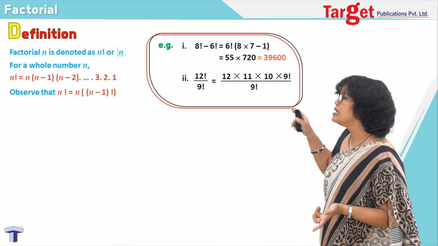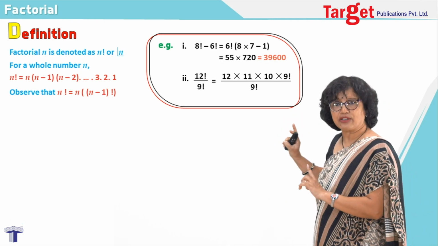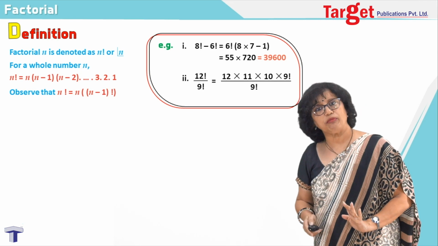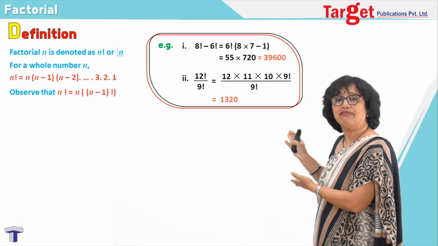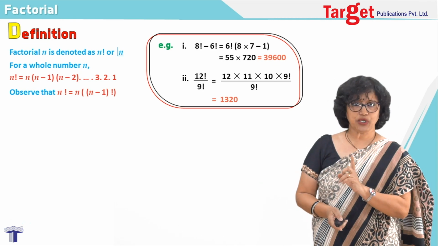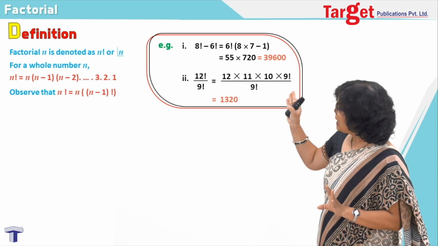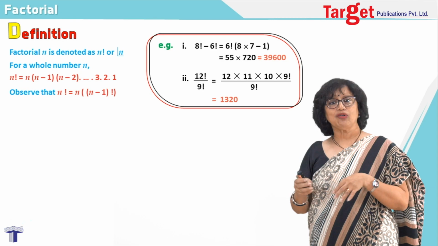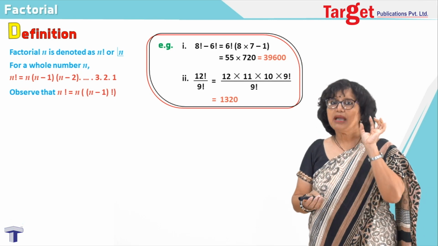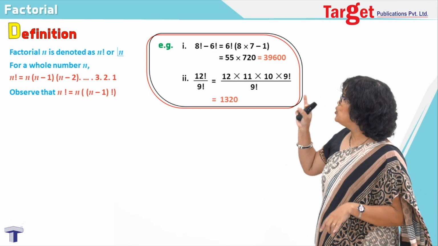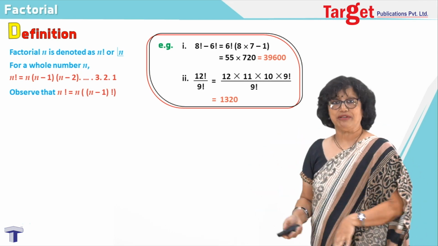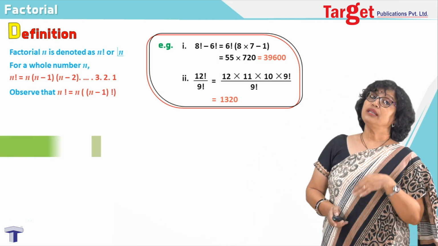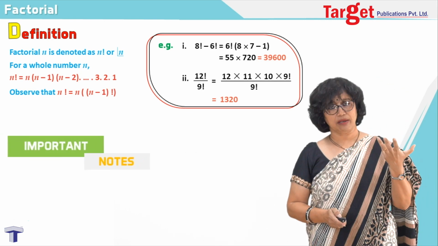So we write it as 12 into 11 into 10 into 9 factorial, so that the 9 factorial from the denominator will get cancelled, and you will be left with 12 into 11 into 10, which gives you 1320 as your answer. Now, completing the answer up to 1320 was comparatively child's play. My main emphasis was that you should be able to understand that 12 factorial contains 9 factorial so that you can proceed further.